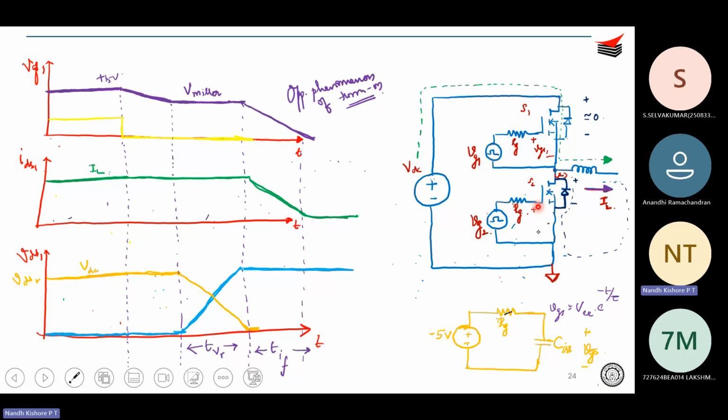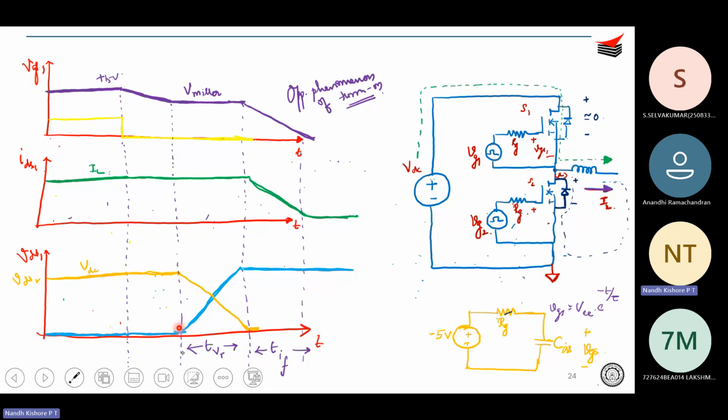Now what will happen during the Miller region? Your voltages will have to interchange. S1 should start blocking voltage, and S2 should stop blocking voltage. That is why during the Miller region, VDS2 will fall, and as VDS2 falls, VDS1 will rise, as indicated in the blue line.